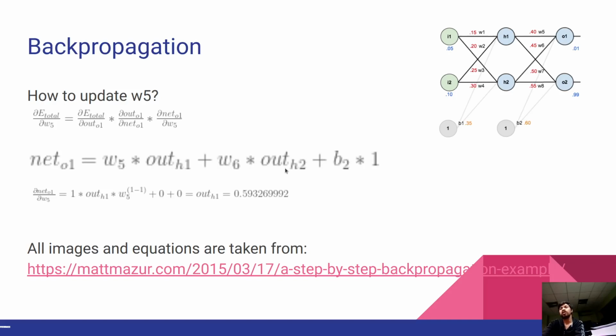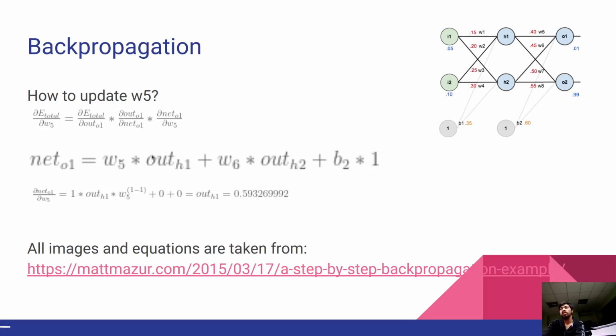W6 and out H2 are not dependent upon W5, so the value will be 0. B2 into 1 is also not dependent upon W5, so it will also be 0. So the derivative of net O1 with respect to W5 will be out H1. The out H1 value we calculated earlier was 0.95932.